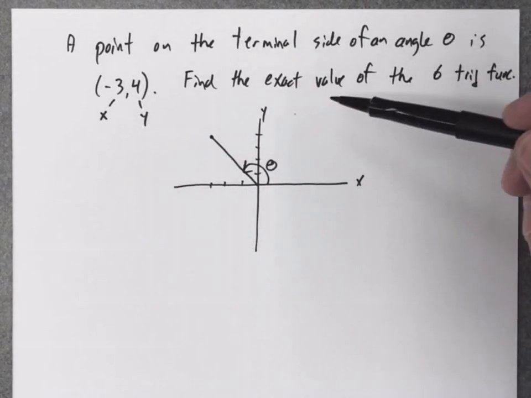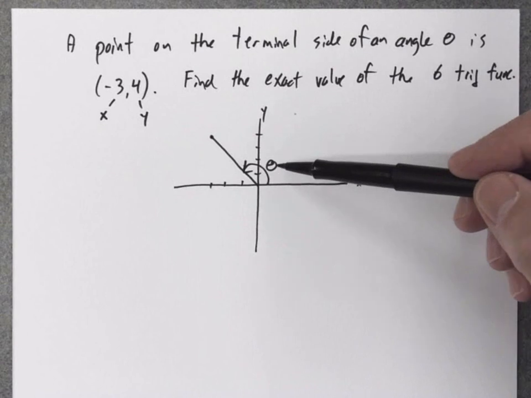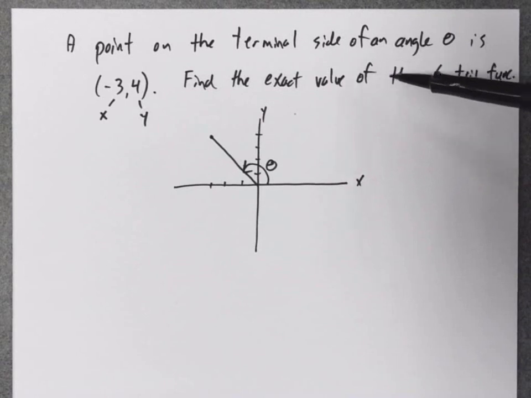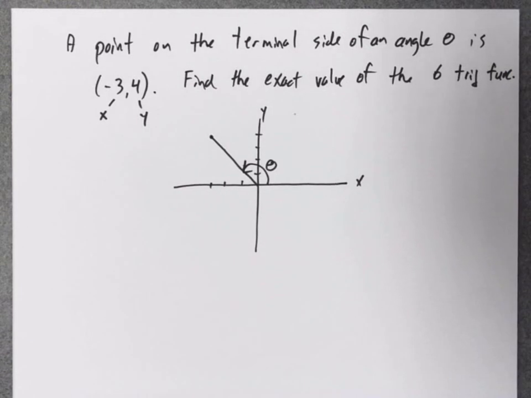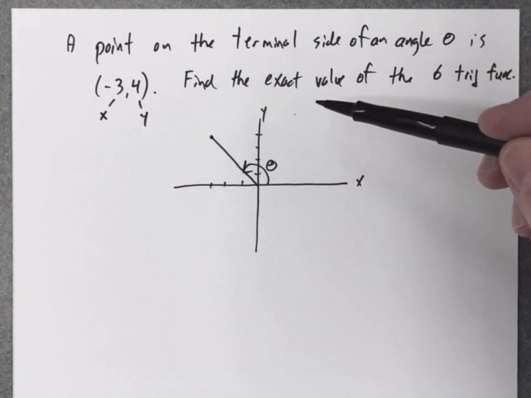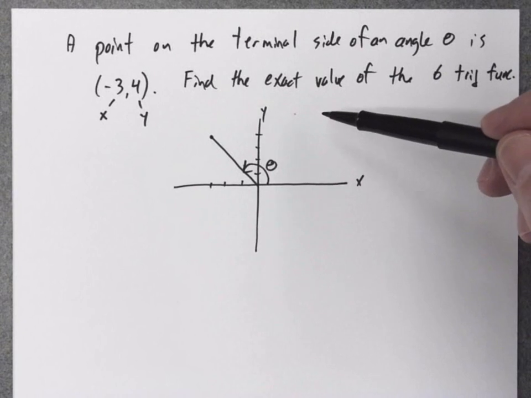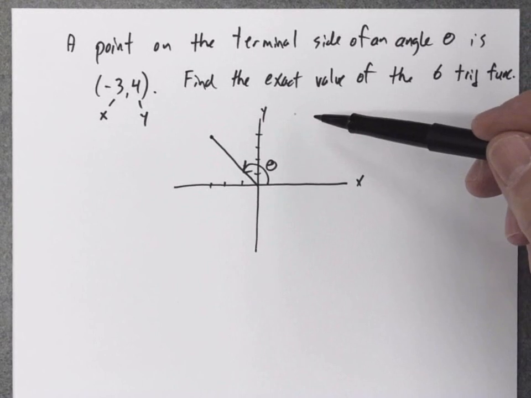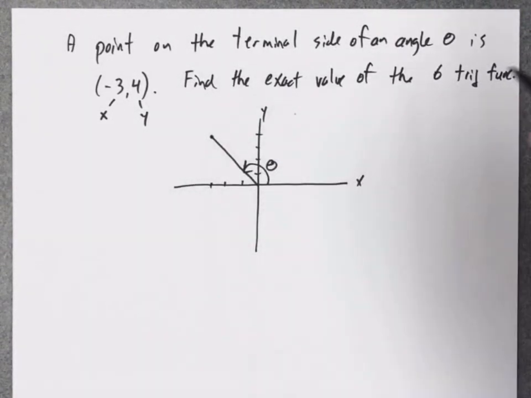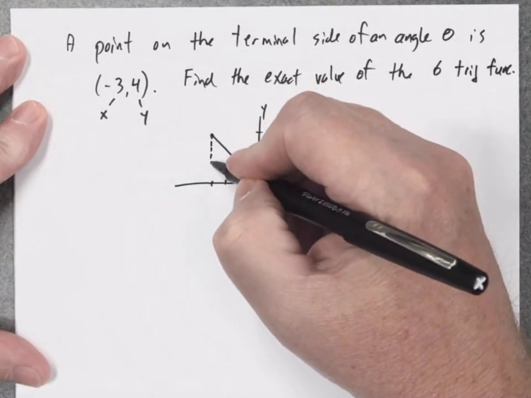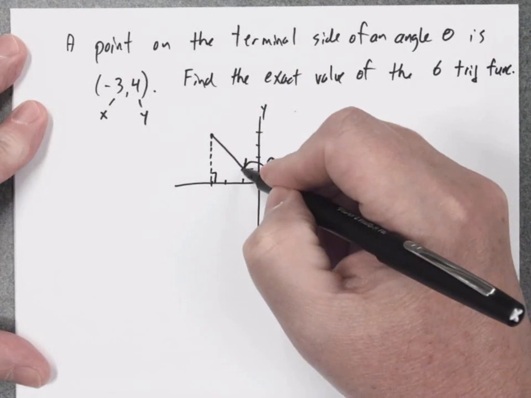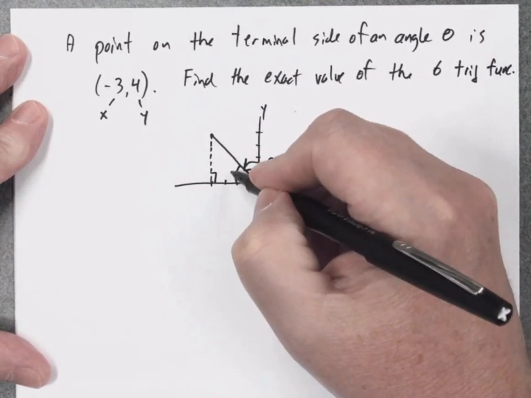Now, I'm not going to go into detail to explain why this works, because it would maybe take 10 or 15 minutes, and I know the goal here for this video is just to explain how to work out these problems. But you just have learned about reference angles, and here's another problem where reference angles allow us to make this problem fairly straightforward. So although this is my angle here, the way you work these kinds of problems is I'm going to go ahead and form a right triangle over here.